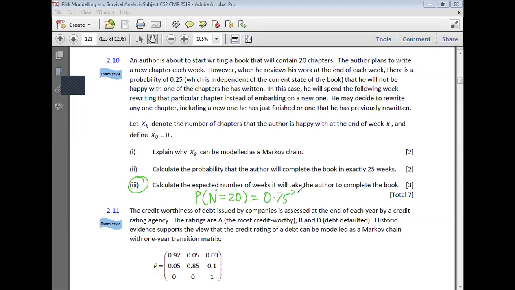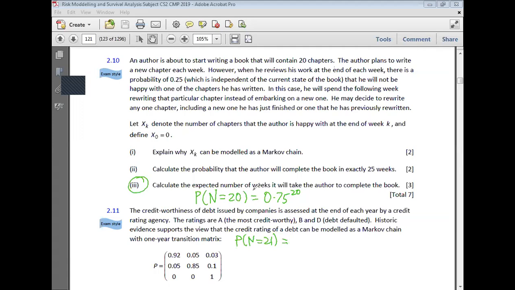So every time you write a chapter, he's happy with it. All right. Then I know that if he's unhappy with one of the chapters, then you will have n as 21. And what will be the chance of that happening? It will be something similar to this, right?